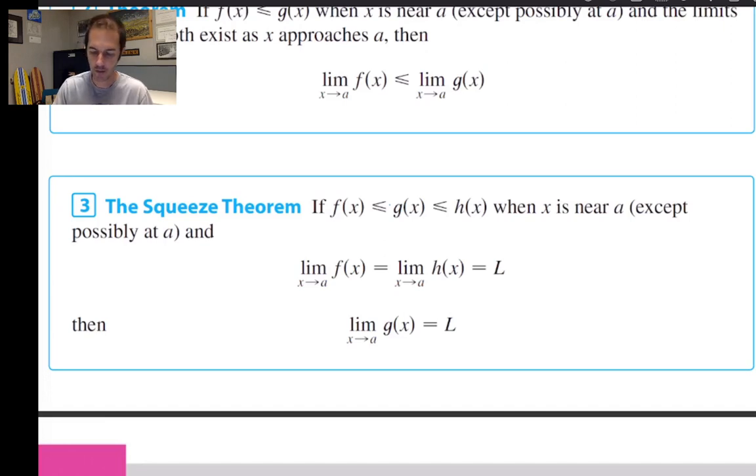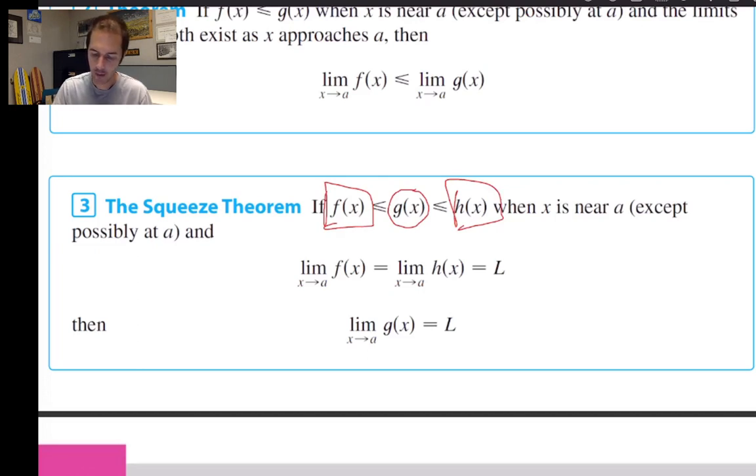But what it says is that if this function g is between f and h, and when I say between, remember that this is a y value. The x value is tucked inside of here, but when you take the x value and plug it in, f of x actually represents a y value. So what this is telling us is that the y values for this function are always between the y values for these two functions.